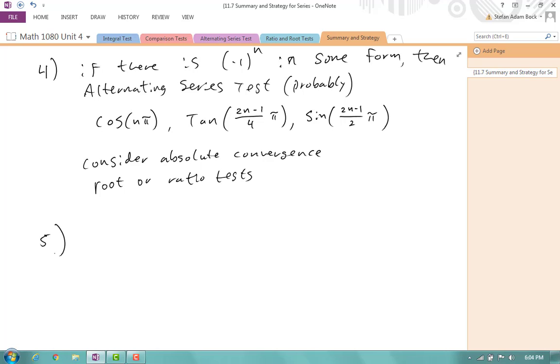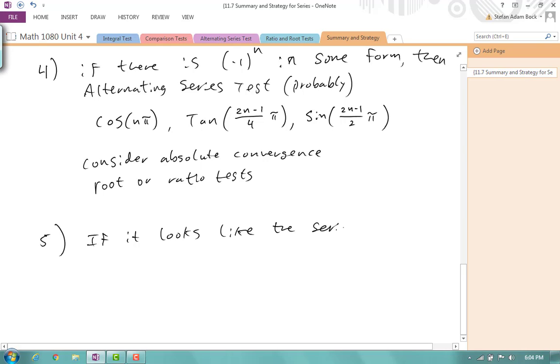If your problem looks like it would make a good integral problem, that means when I look at it, it looks like, hey, if that was an integral, I could do u substitution.